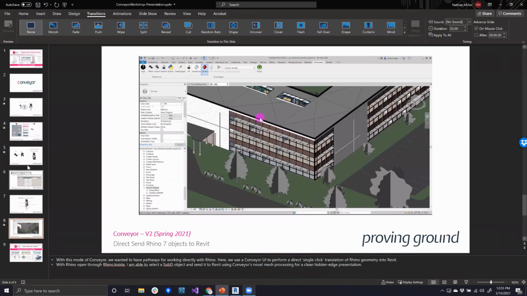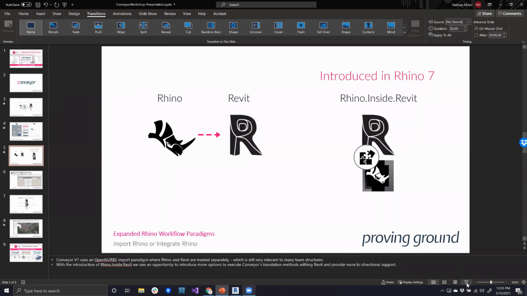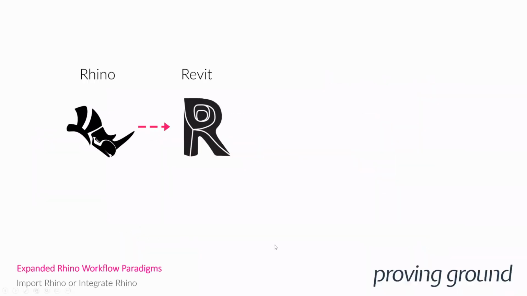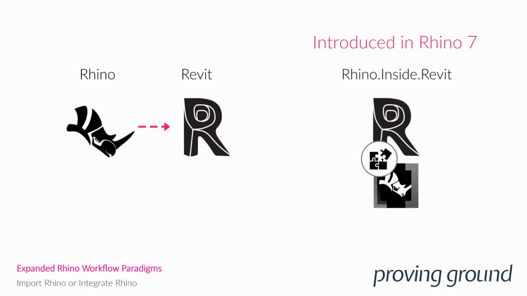So if I go back to this diagram, Conveyor operates in two modes. There's a mode that basically says Rhino and Revit are independent programs, and I can work in Rhino and import objects into Revit as I need through the import interface that we provide. But we are also able to create a level of integration with Revit directly using the Rhino Inside paradigm.